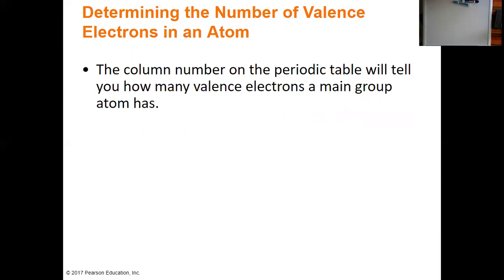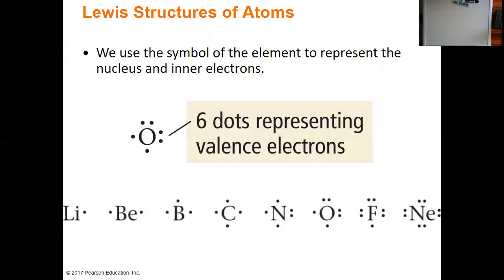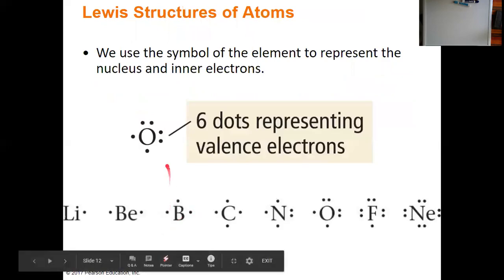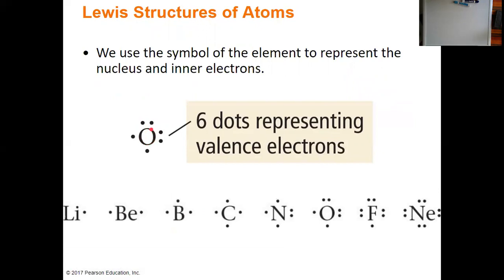That will be the electron dot structure of an atom. We're going to use the symbol of the element, in this case the chemical symbol for oxygen, to represent the inner electrons, and then use these dots to represent the valence electrons.